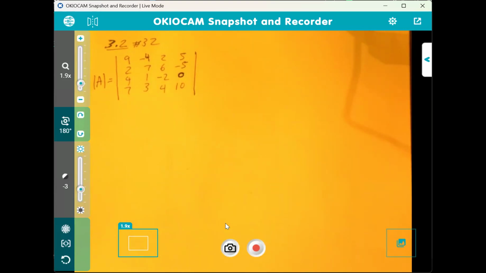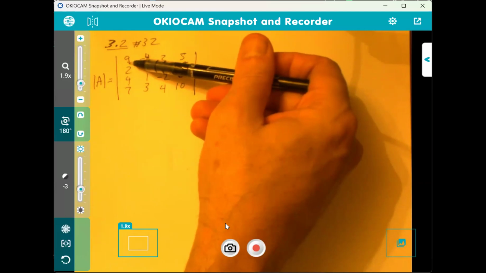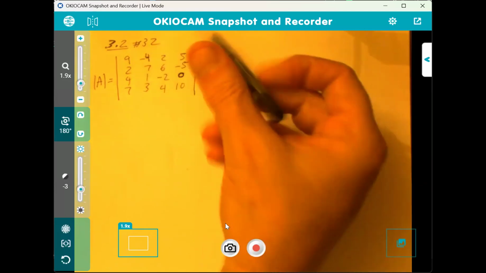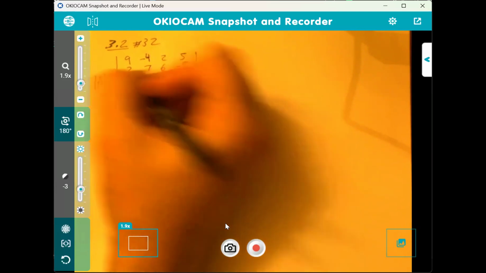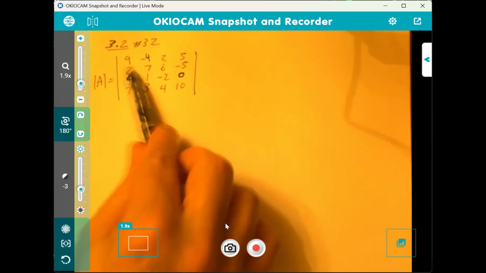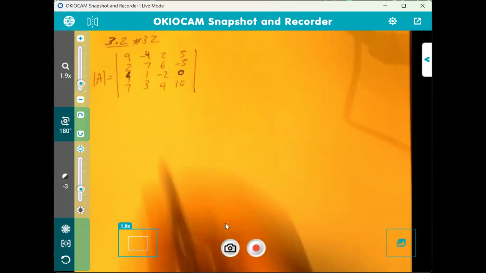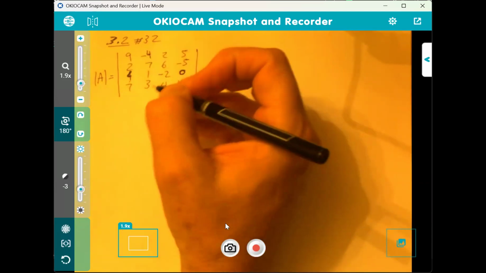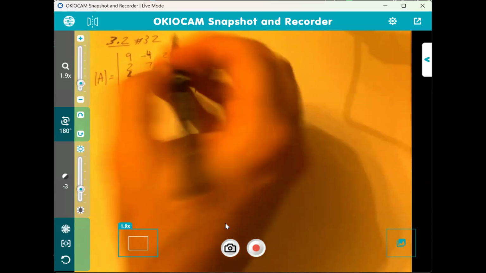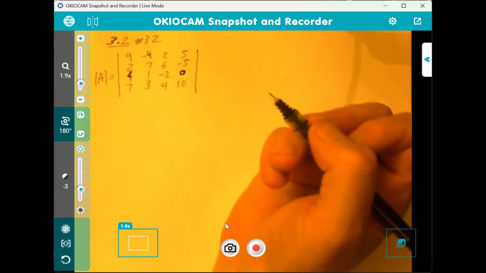If there is no zero, by the way, it's random. You just create a zero somewhere. In other words, do Gauss-Jordan, or just row echelon, get 0, 0, 0 like that, and then work it that way, and then expand about the column with all the zeros. But for this one, I see 0 in the third row, fourth column.